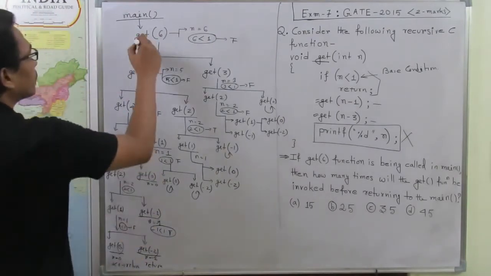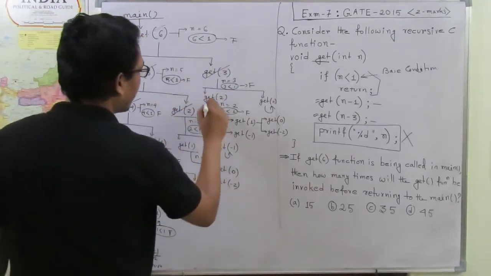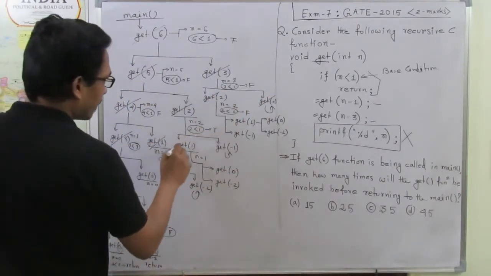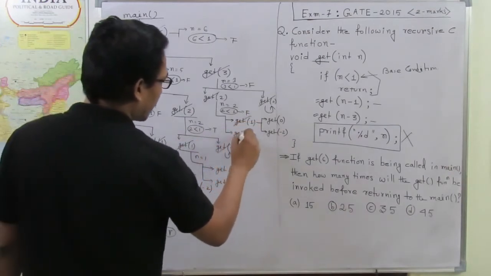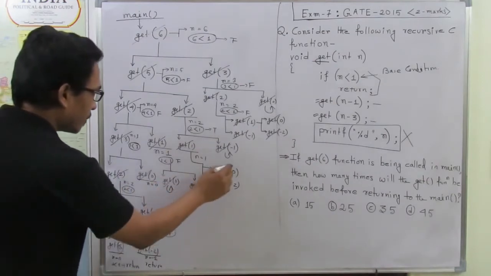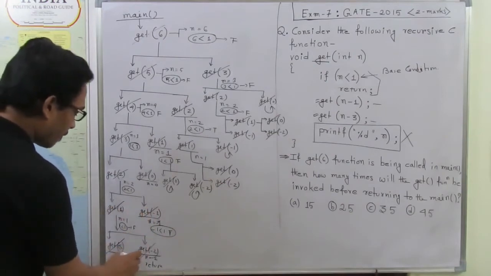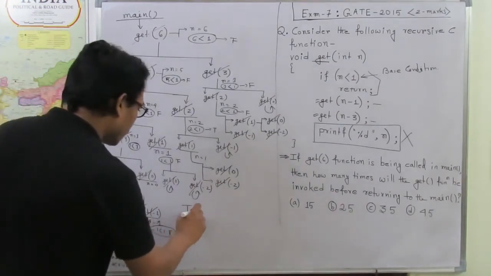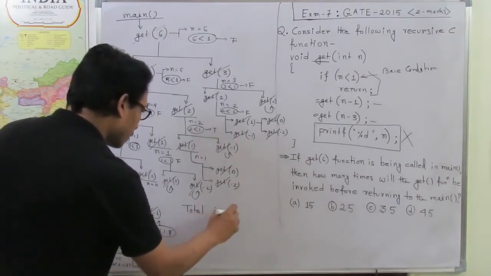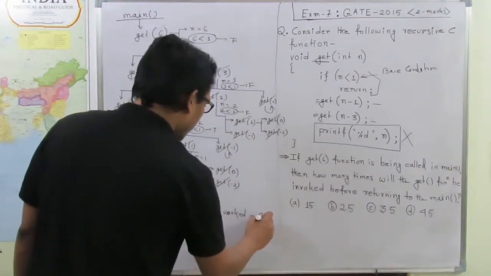One, two, 3, 4, 5, up to 25. That means total invoked is 25.